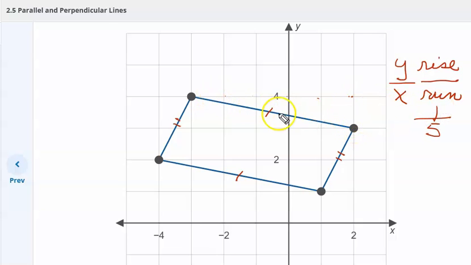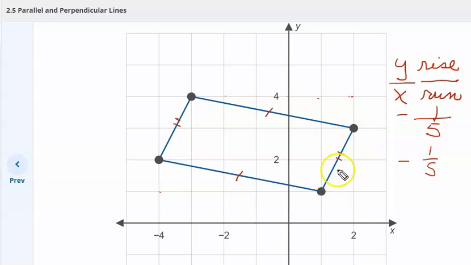So the slope of this line, and it happens to be a negative since it's starting high and going down, is a -1/5. All right, let's take a look at this slope. Well, 1, 2, 3, 4, 5, up 1. This line here is also a -1/5.